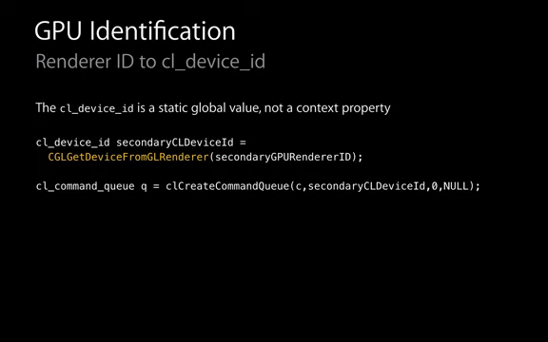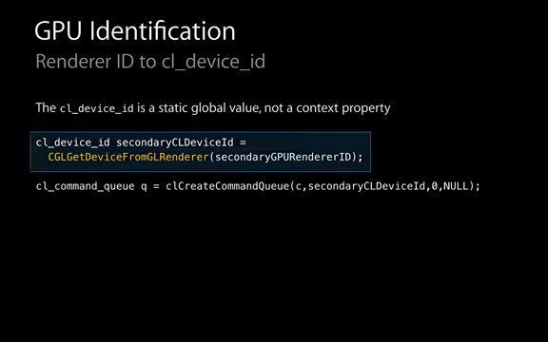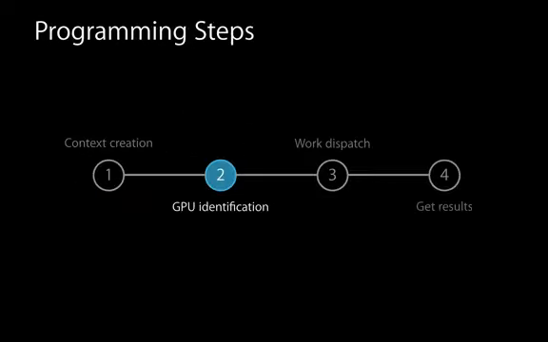Then I can use that CL device ID to create a command queue and dispatch work directly to the GPU. And so instead of having to do a query for virtual screens in the OpenCL API, I can just create a command queue and then use that command queue to directly dispatch work, in this case, to that secondary GPU.